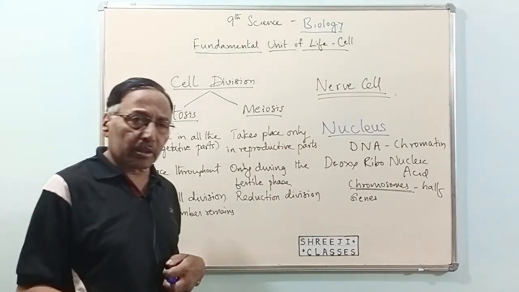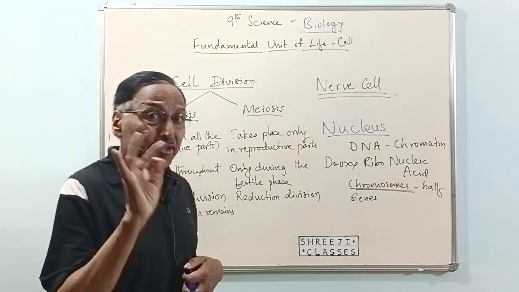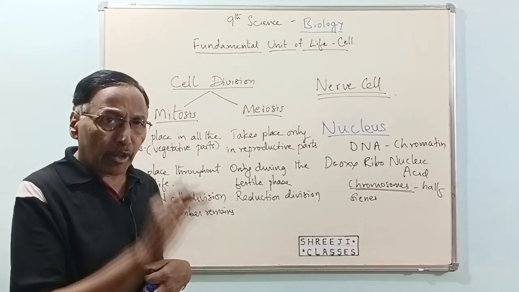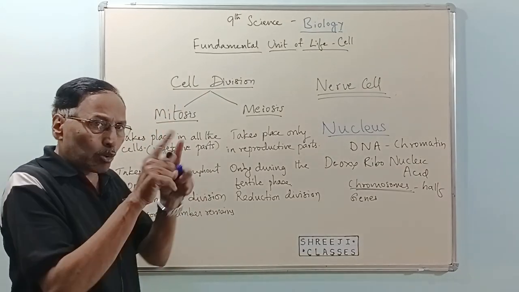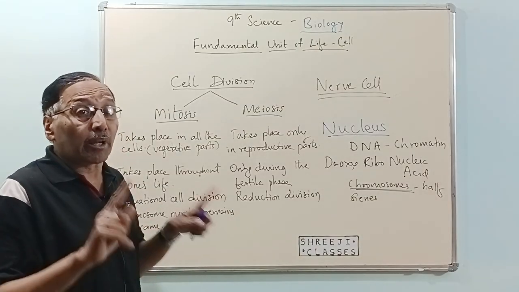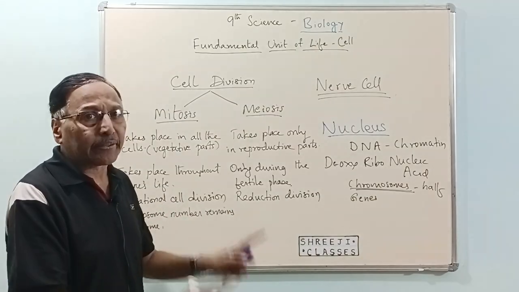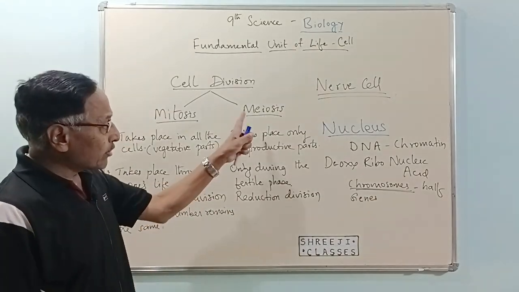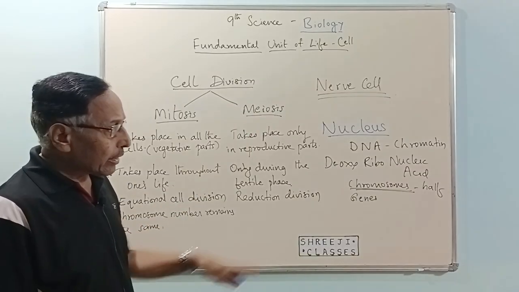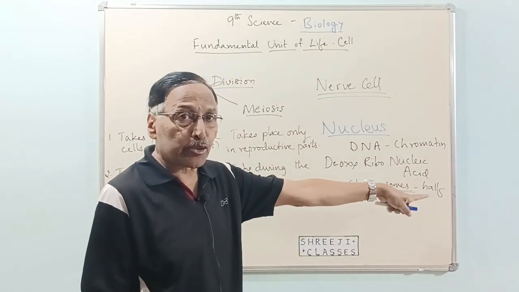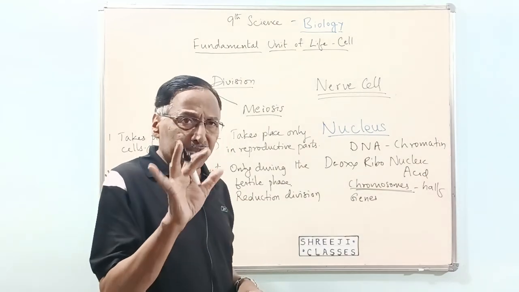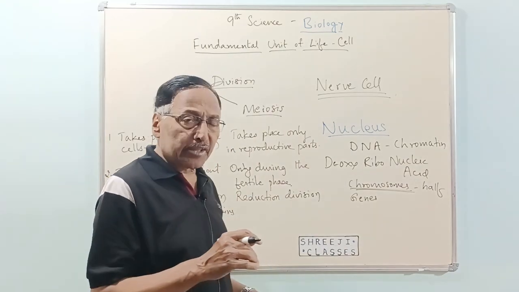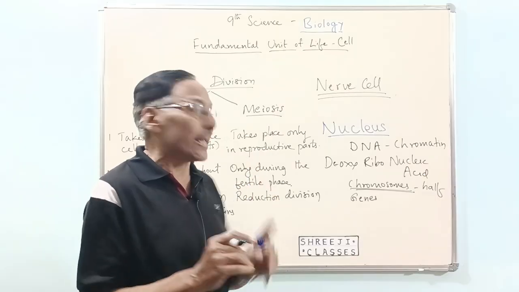Say in our human cells, there are 46 chromosomes. So whenever a cell divides, the two daughter cells will have the same number of chromosomes, that is 46 only. Whereas in case of meiosis, the chromosome number is reduced to half. The mother cell will have 46, whereas the daughter cells will have only 23.